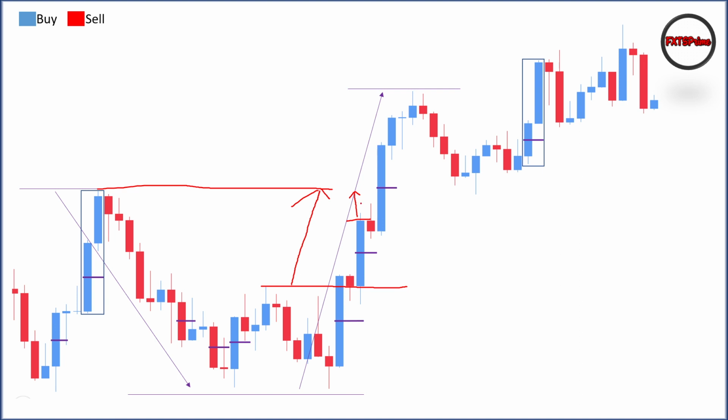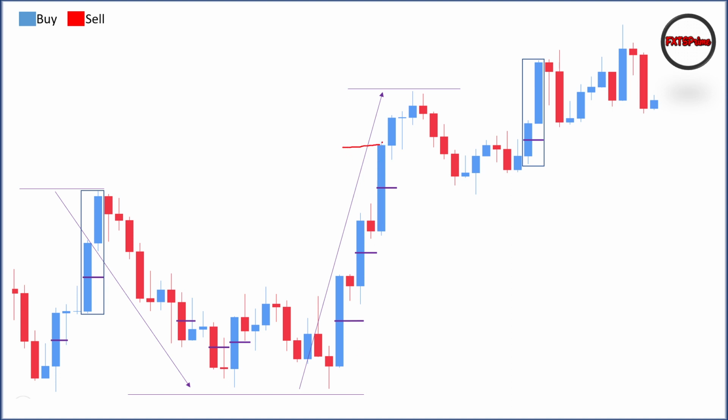Let's say now the price has moved almost a range of $40, or $60 or $20, whatever. Let's say $40 moved, and now I want to take a trade from this area. What are the conditions I can consider to take a trade from this area?